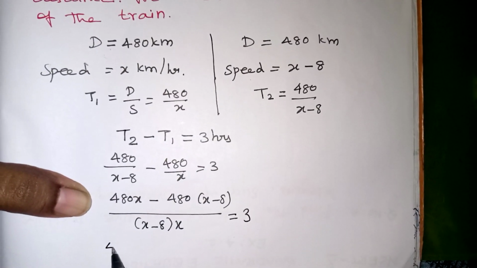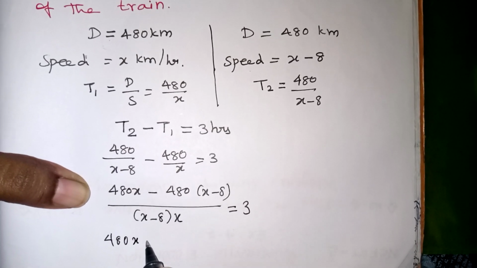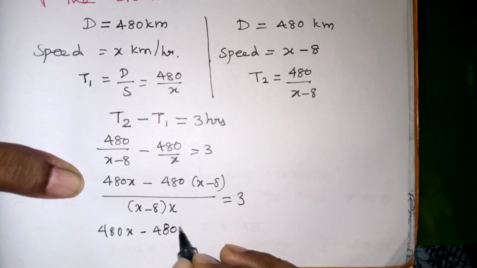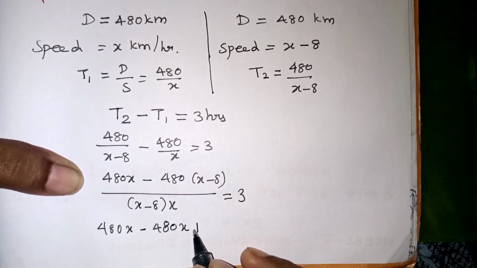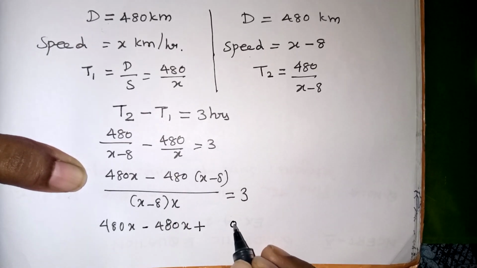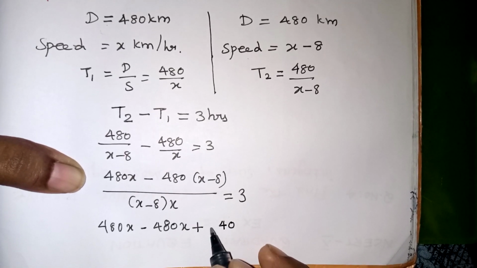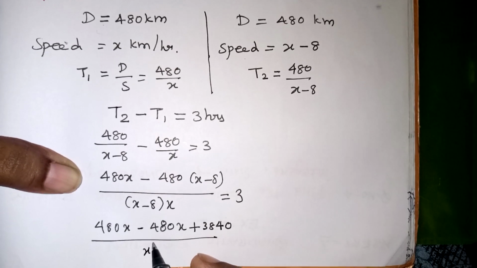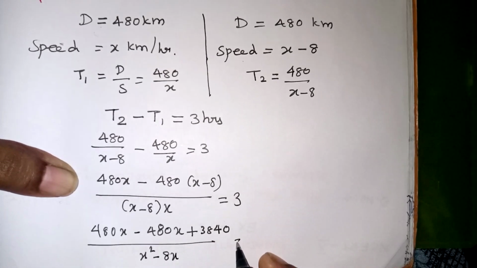Just multiply inside now. So 480x minus 480 into x, again 480x. Minus into minus will become plus, 480 into 8 is 3840. The denominator also you multiply: x squared minus 8x, which is equal to 3.